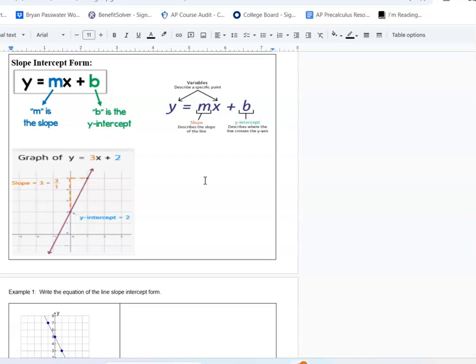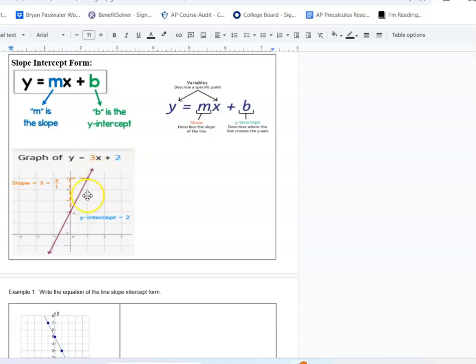All right, slope-intercept form is the first of 3 different types of ways to express linear equations. This is a way to name linear equations. So y equals mx plus b, m is the slope. M would be the number right next to the x. So for example, the graph of y equals 3x plus 2.